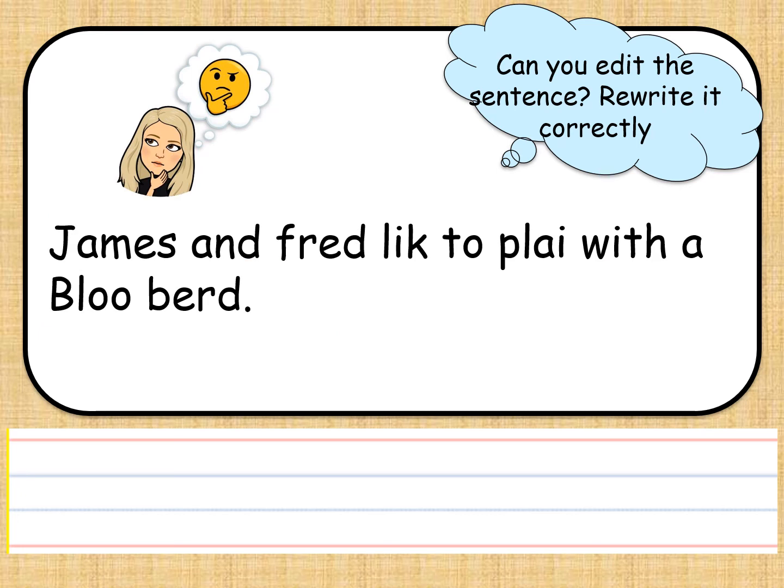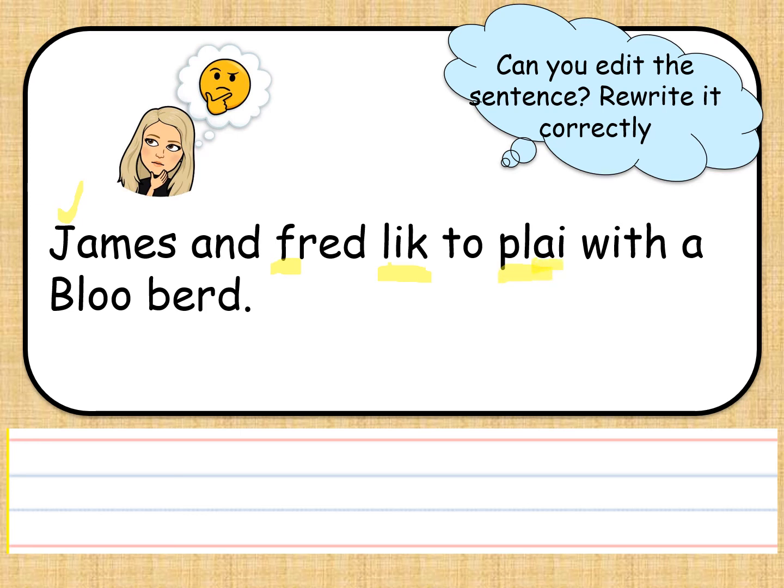Okay, next sentence. James and Fred like to play with a blue bird. Well, I've got my capital letter at the beginning, which is good. Wonder what needs to be fixed here. And I want to know we've learnt this tricky word like. And play. Now this sounds right, but it doesn't look right to me.